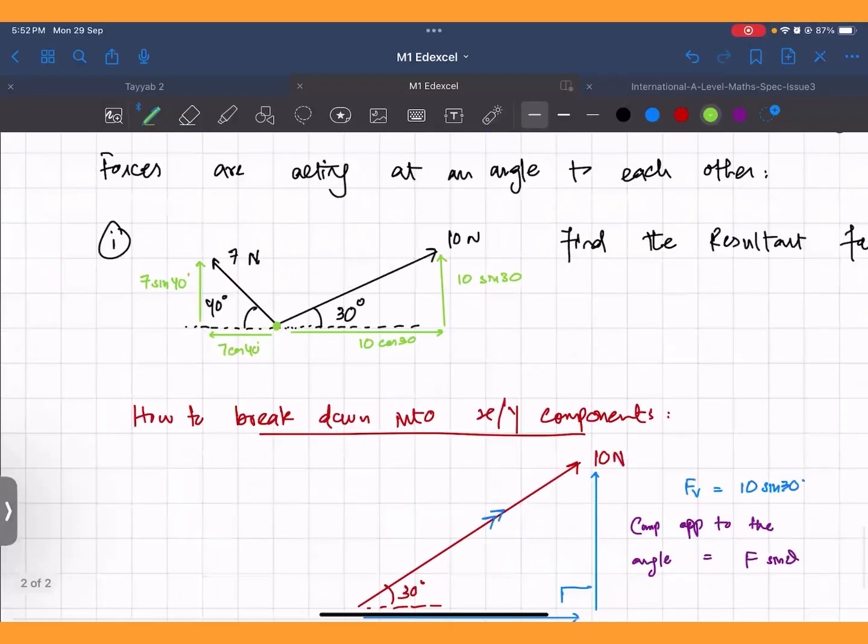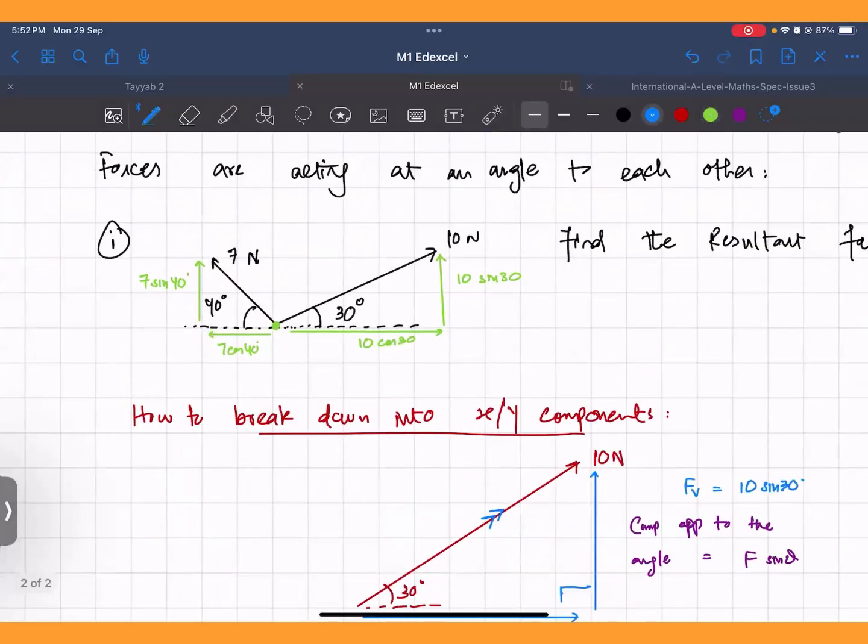So then what do you do? You want to find the resultant force. So resultant force is what? The sum of forces. So the resultant force in the x direction and the resultant force in the y direction, horizontal and vertical.